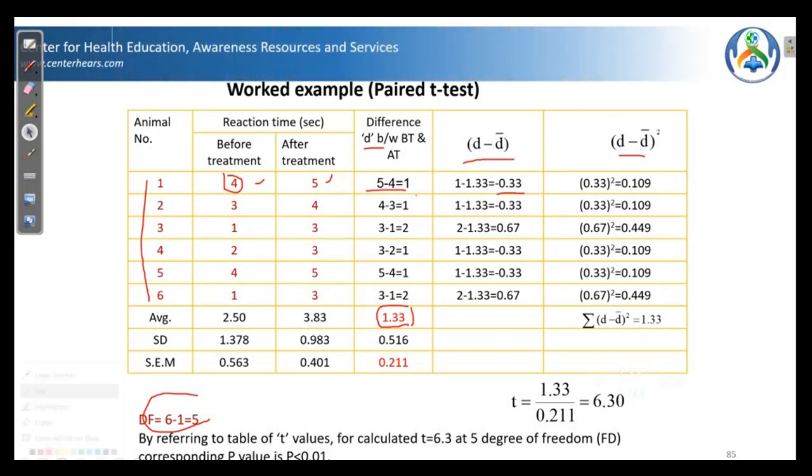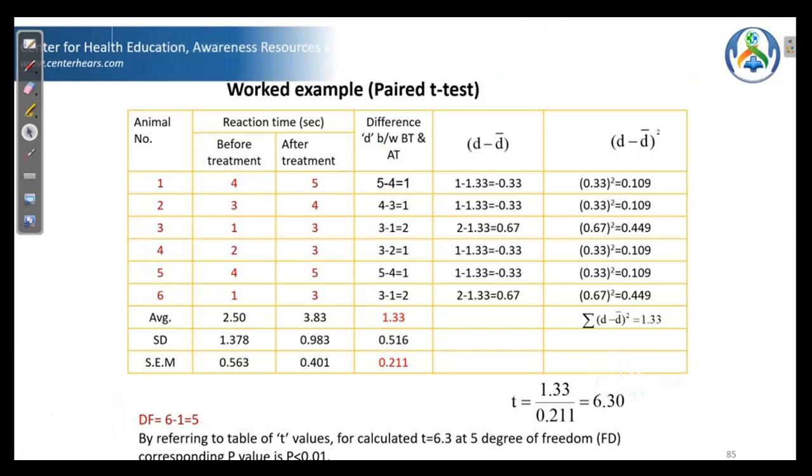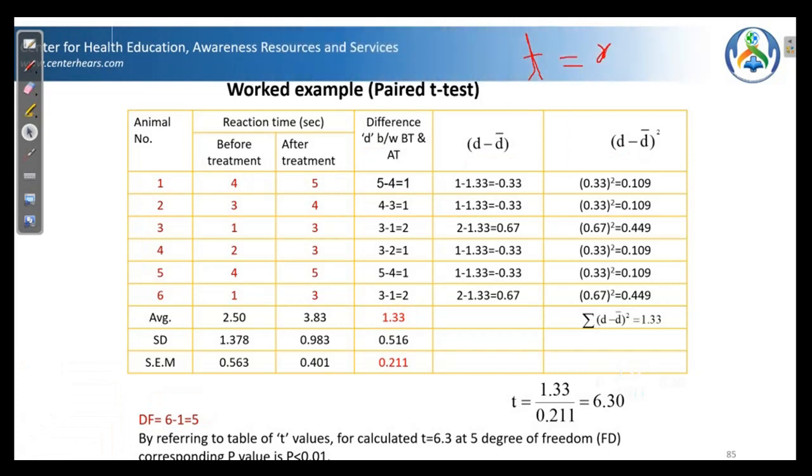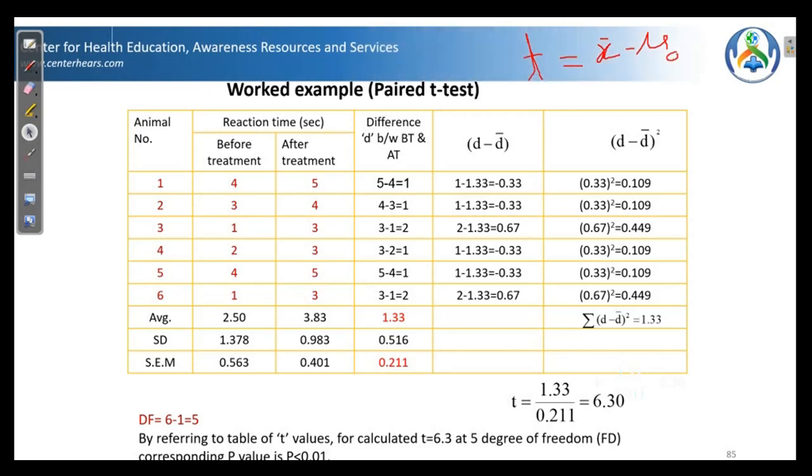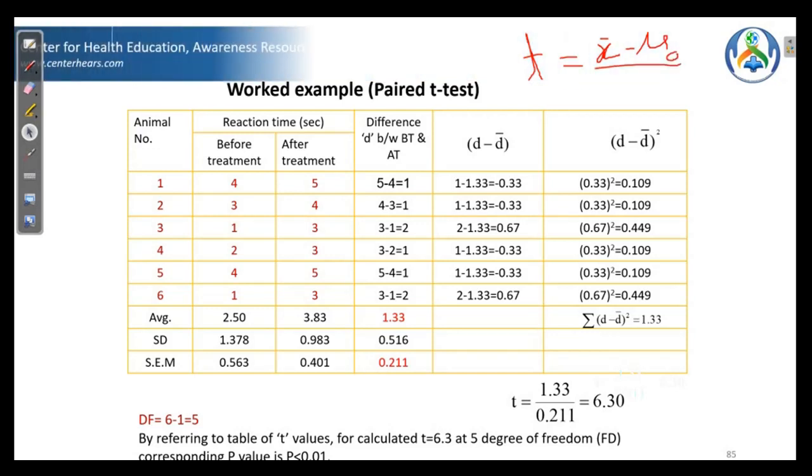So what actually is our formula? Our formula is T equal to the mean, x bar minus mu naught, divided by SEM.